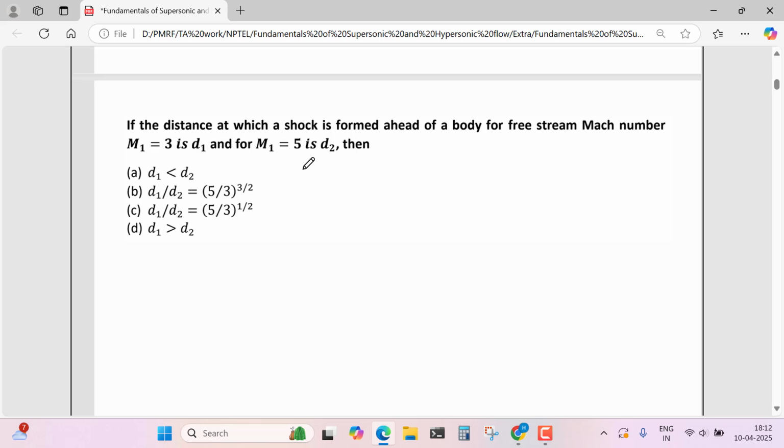We have seen before what the shock standoff distance is. So for M1 Mach number equal to 3, the shock standoff distance is d1, and for M1 equal to 5, it is d2. So what will be the relation of this?